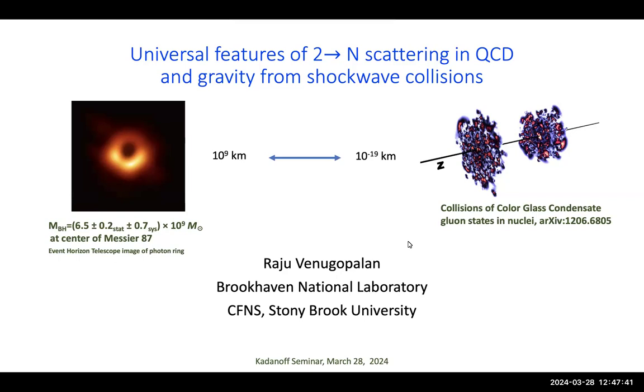So this is the title of my talk, and my interest in some of these aspects of gravity actually arose from thinking about scattering in QCD. Normally you would say these are very different theories, but they have a lot of very interesting common features.